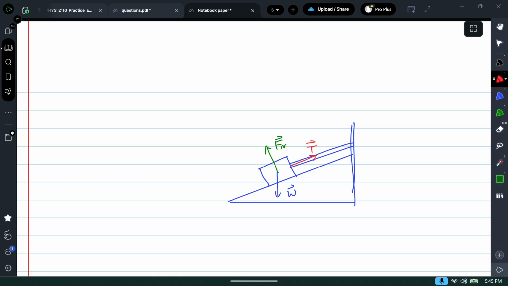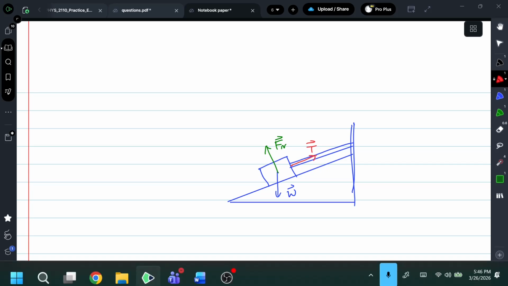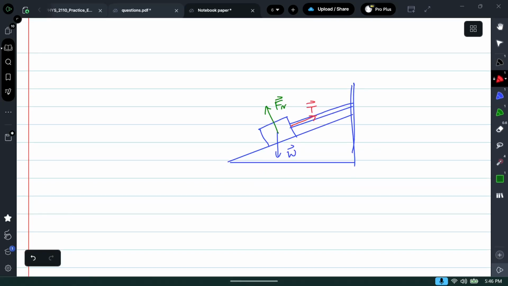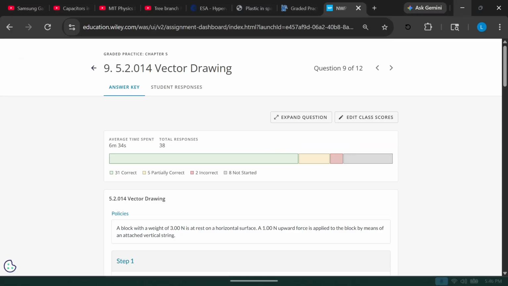It's just a constraint on the block that it can't slide down because there's this force up the incline. But it's not like a force that's trying to do anything. I don't think I have a more technical reason than that for why there's no friction, but there is no friction on this block. Even if it weren't a frictionless surface, as long as there's no kind of active pull happening, there wouldn't need to be friction on the block. And I think it did say it was a frictionless incline anyway for this one.